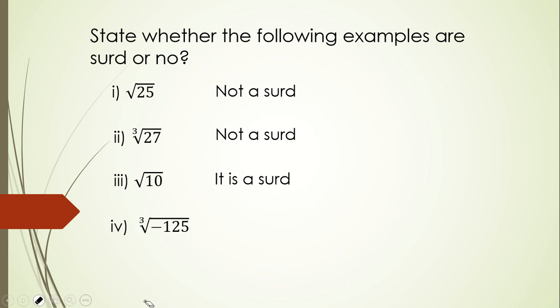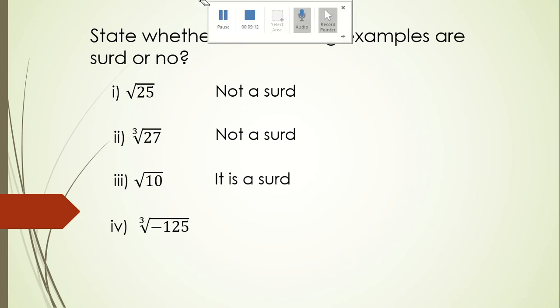Then the fourth example, cube root of minus 125. Just by looking at minus sign, you must have guessed already that this is not a surd, right? Because radicand has to be a positive rational number.